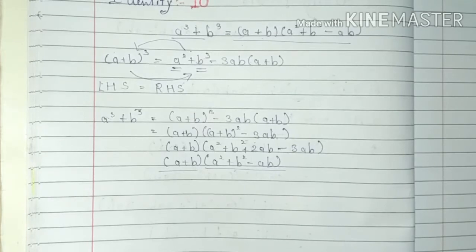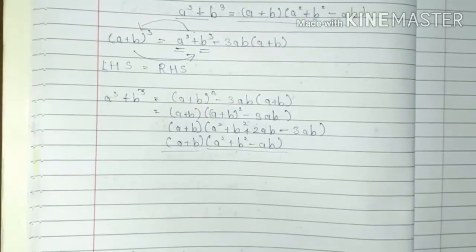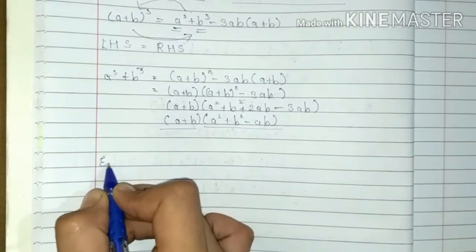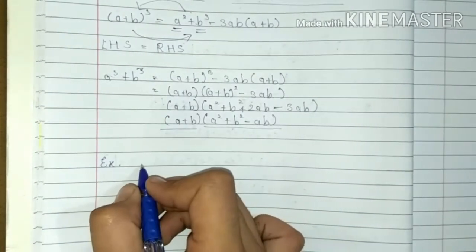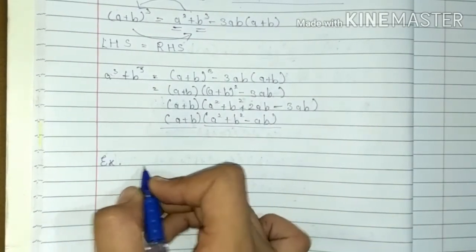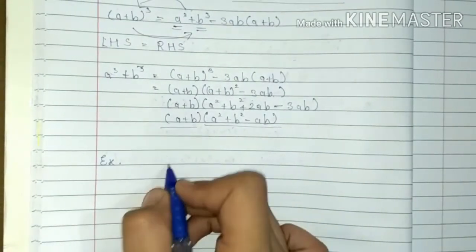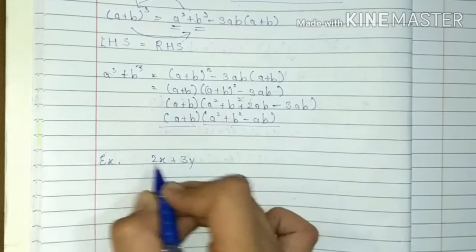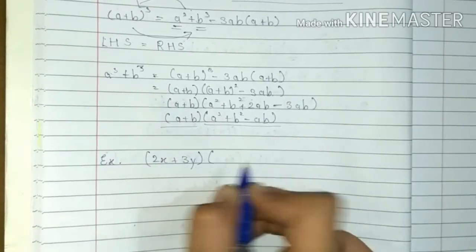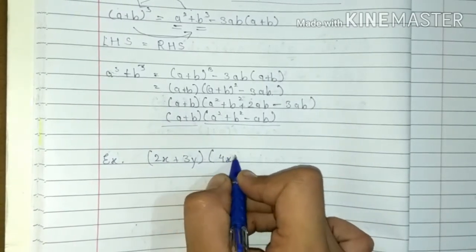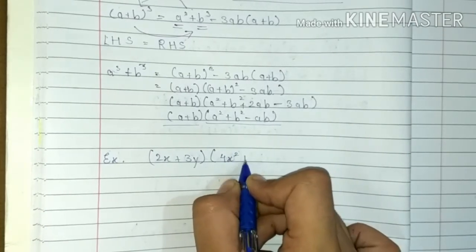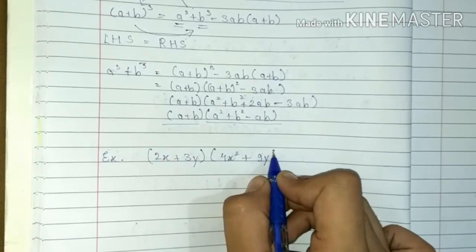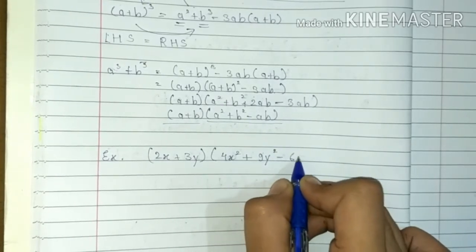Let us take an example based on this identity. Our example is, we have to simplify this: 2x plus 3y multiplied by 4x square plus 9y square minus 6xy.